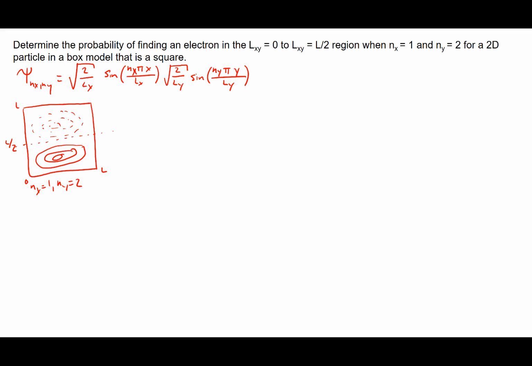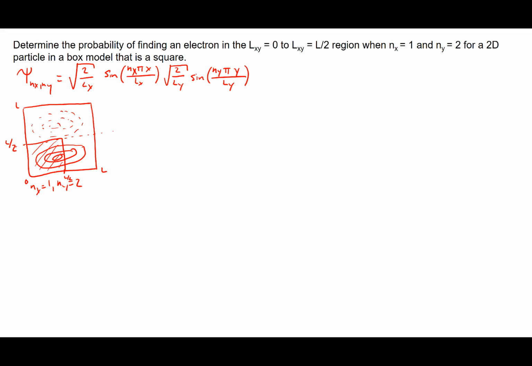What we're looking at in this case is the L over 2 region in both parts. So L over 2 would be right here for the x direction, and we have L over 2 right here for the y direction. So we're looking at this space that I'm shading in. One thing you can already notice is that I didn't do a perfect job drawing this, but you can see just by eye that we're only looking at a quarter of the area of the box.